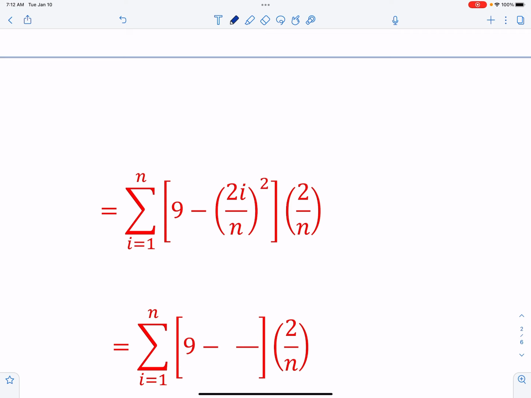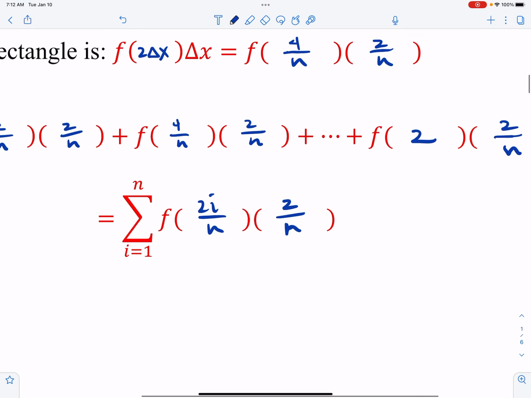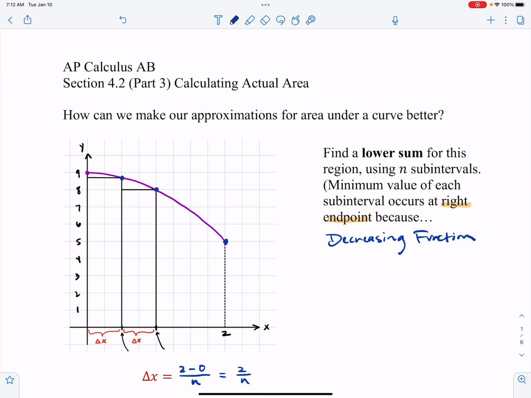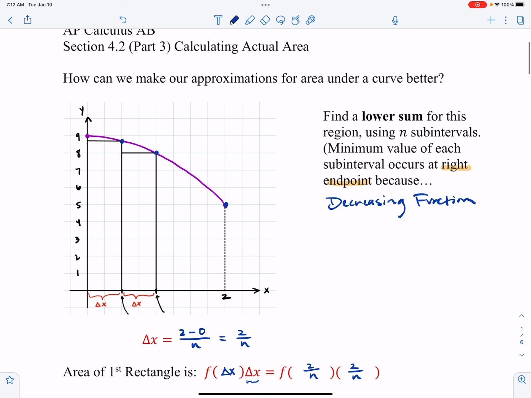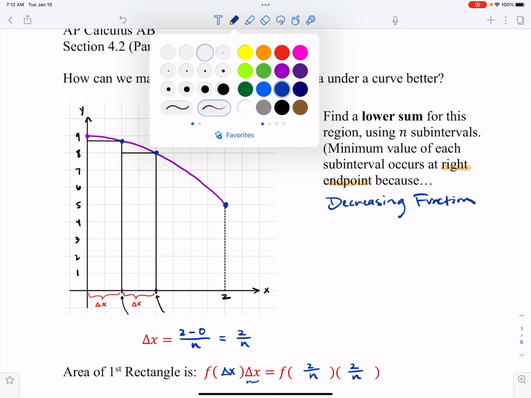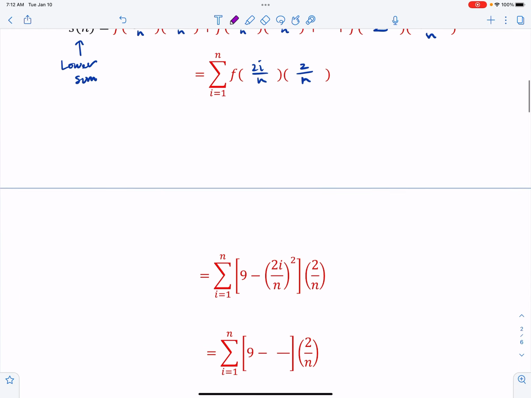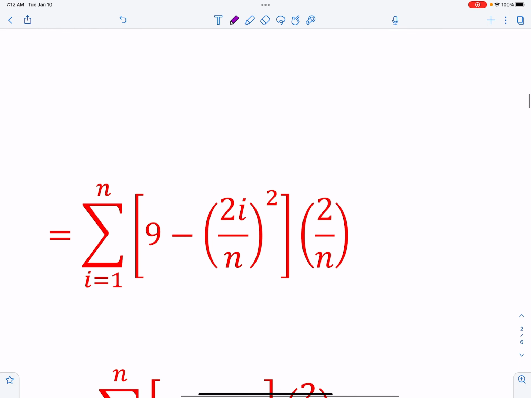Okay, so just replacing f of 2I over n. Since the equation of this function, f of x, is equal to 9 minus x squared, I'm sorry, I should have put the equation on here. Replacing the x with 2I over n, this is just f of 2I over n.